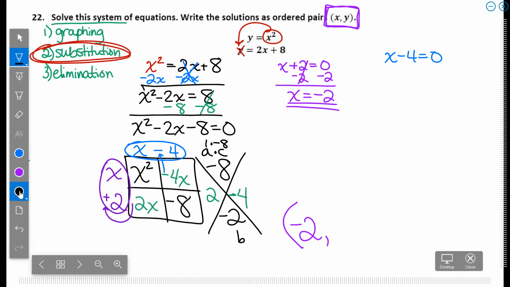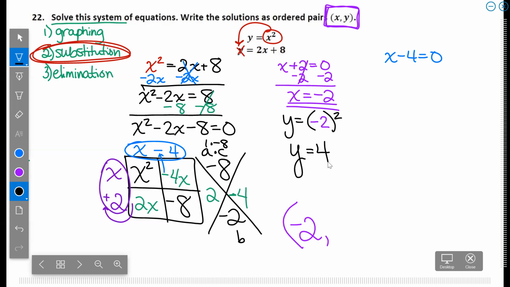Which one do you guys feel like using? Top one sounds good. Y equals x squared. So I'm putting in the negative 2 in the place of the x. What does it mean to square something? Times it by itself. So y equals negative 2 times another negative 2.